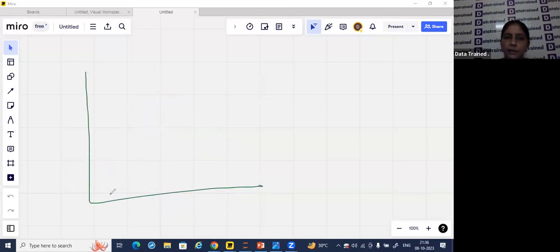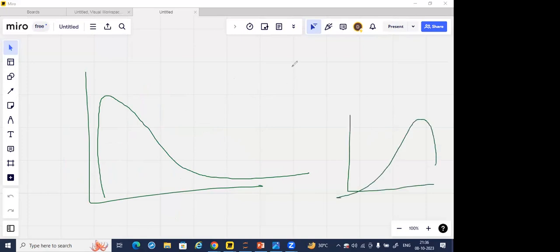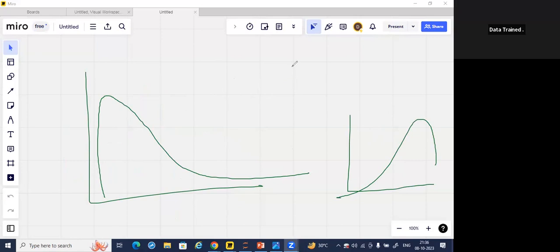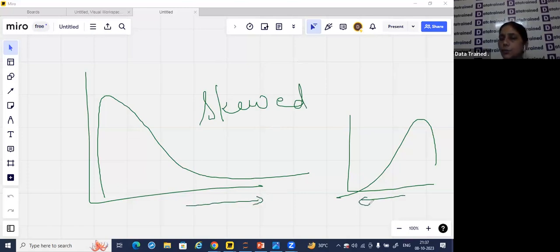Now, can you tell me what are these types of distribution? What type of data do we have in such distributions? Good answers, thank you for your responses. So these are skewed distributions, right tail distribution and left tail distribution.